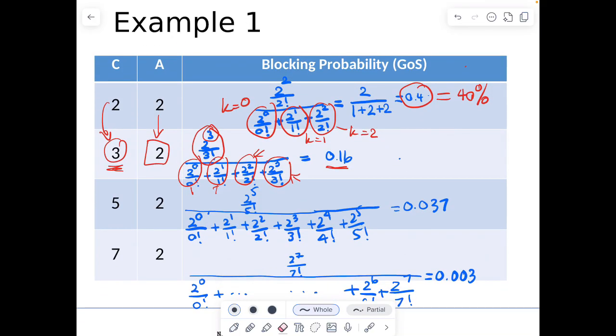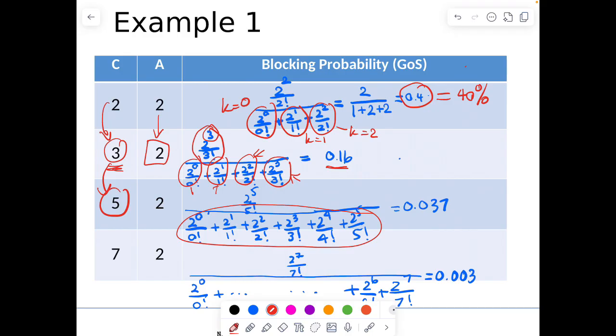And then you keep going. What if the number of channels increases to 5? You put it into the formula, and for the denominator, which consists of the sum, there are going to be more terms. And you see that the probability of call blocking keeps decreasing, because we increase the number of channels but the traffic intensity stays the same.